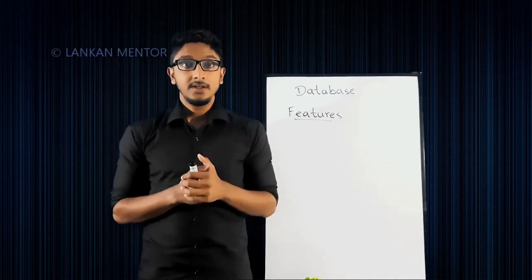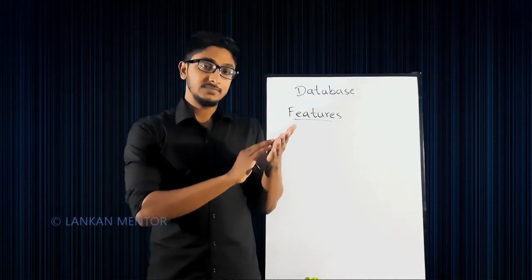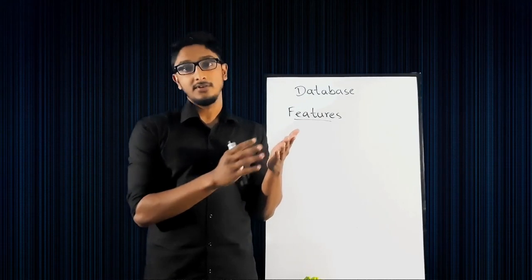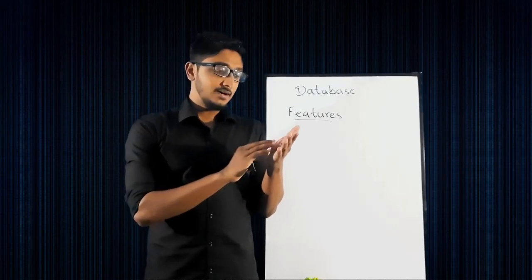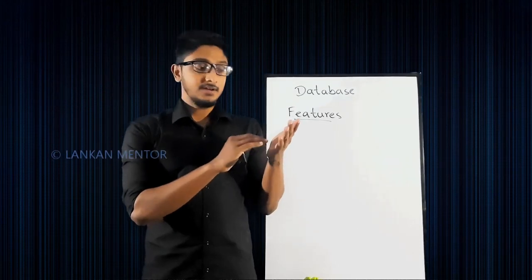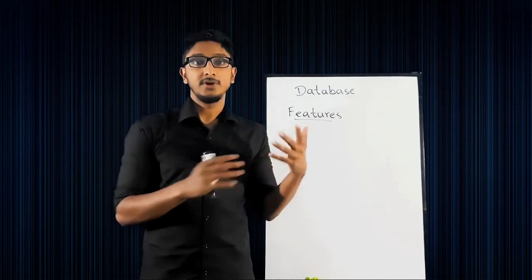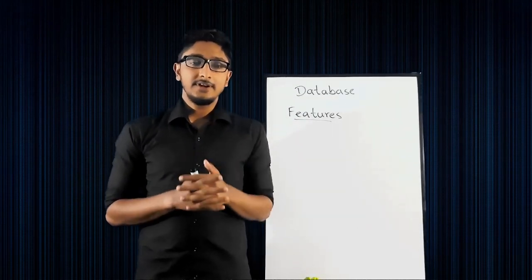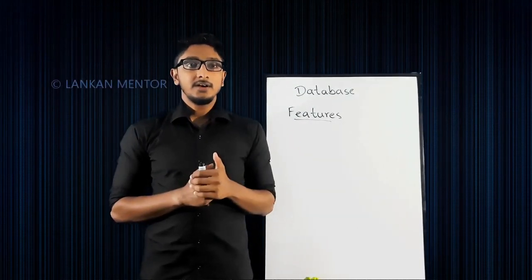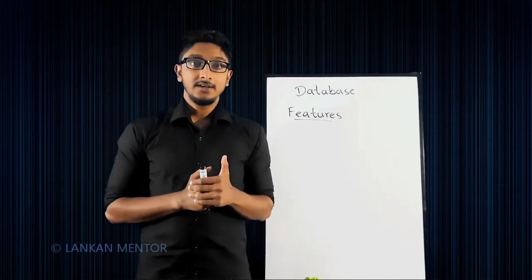If you are entering the student's name, there will be a first name, middle name, or last name. And then the student's date of birth, home address, telephone number, and so on. So let's say, for example, when you are entering the date of birth.